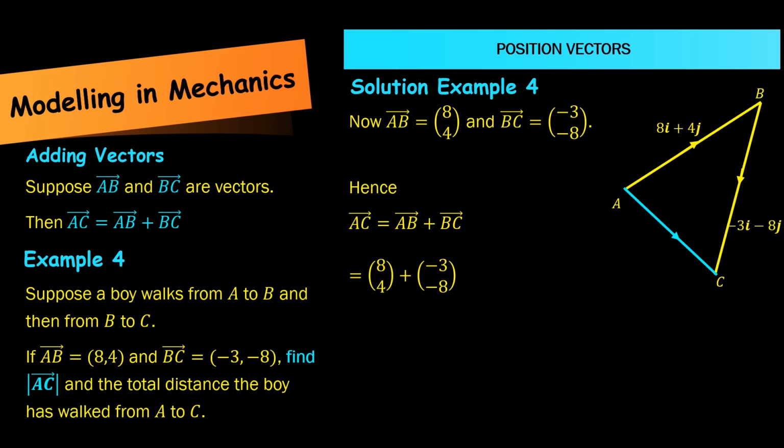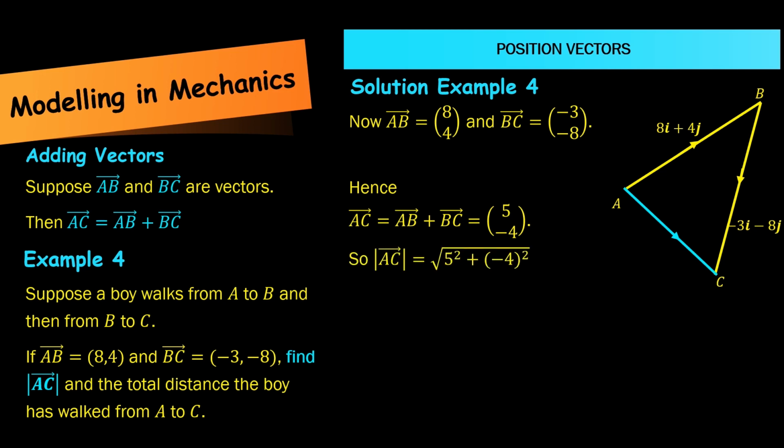We have that AC equals AB plus BC from the law given. So this equals (8, 4) plus (-3, -8), which gives us (5, -4). So AC equals (5, -4).